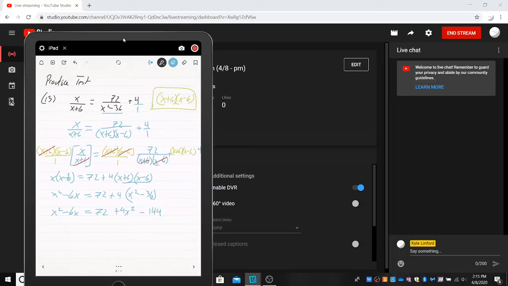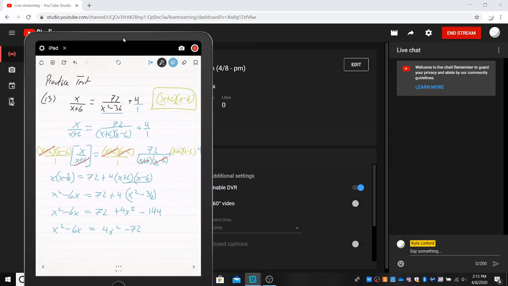But the first thing we should notice is that we have x squareds in our answer. And when we have variables raised to the second power, we should be saying to ourselves, how can we solve this?